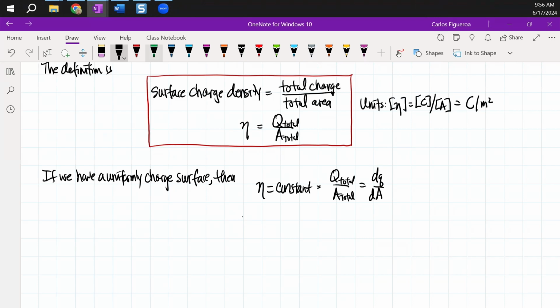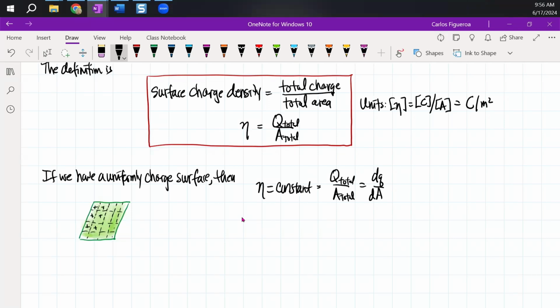So if I think about this picture-wise, I could imagine that I have a surface that looks like this. Now what I'm going to do is compartmentalize the charges, assuming that these are all equally spaced, which clearly I've drawn that these are not.